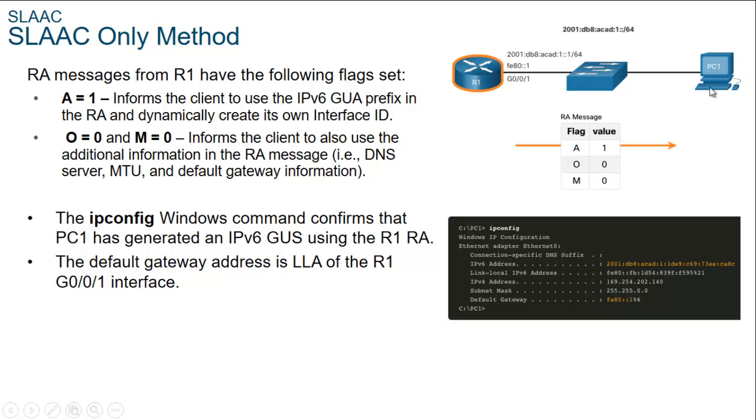This basically tells PC1, I'm giving you some information, use this information to create your own IP address. So PC1 will then create its own IP address, and now we have the IPv6 address for PC1. It has the link-local address, and then it has the default gateway, which is the link-local address of this interface in R1.